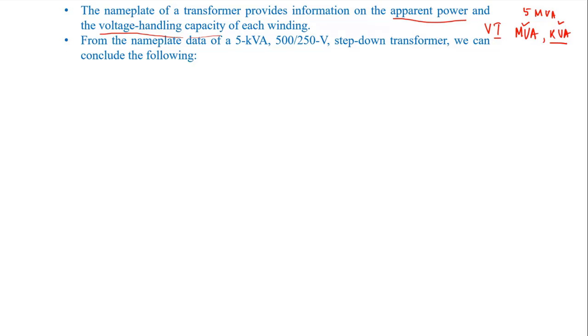And if you want to make it a step down transformer, then obviously the high voltage side will be connected to the source side and the low voltage side will be connected to the load side. Okay. So here we'll find only step down transformers. In IIT Patna we have many step down transformers.